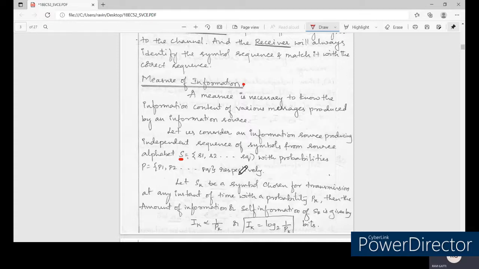Because it is a known fact that in Rajasthan the temperature is generally greater than 36 degrees. The probability of this temperature in Rajasthan is quite common, so the probability is high. Therefore I expect the information to be less.